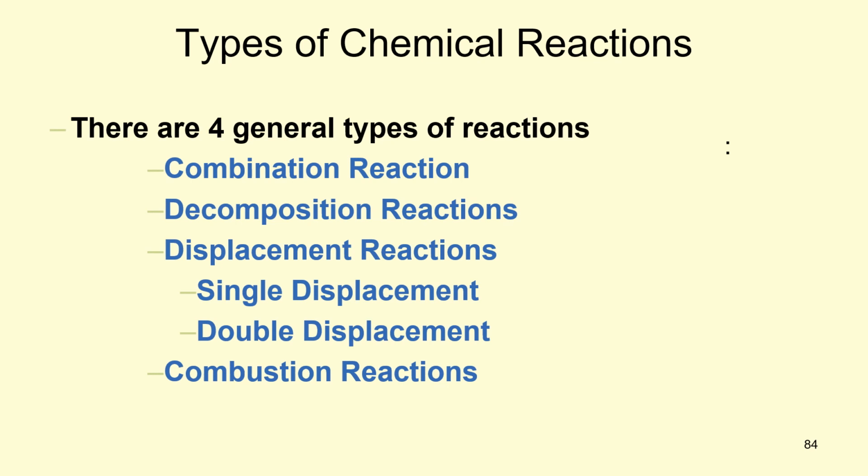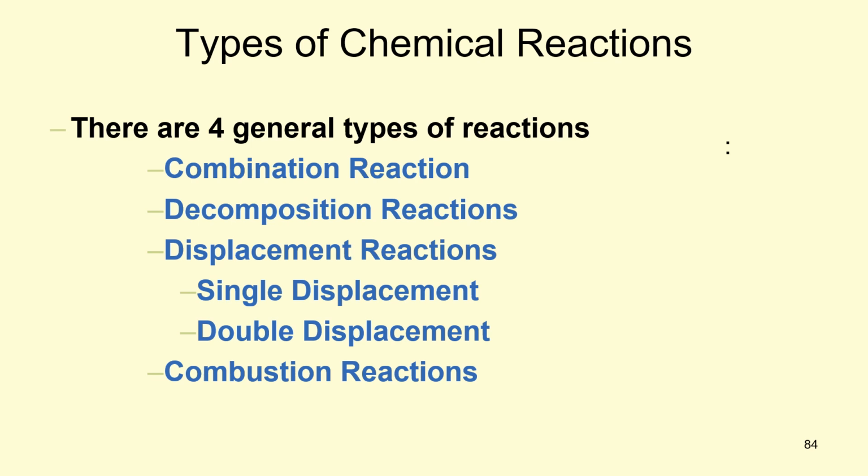All right, so we talked about how we can classify reactions as precipitate, acid base, or redox. There's actually another way that we can classify reactions, and that's by their mechanism, how they go about the reaction. There are 4 general types of reaction: combination reactions, decomposition reactions, displacement reactions, and under displacement, we have single or double displacement.